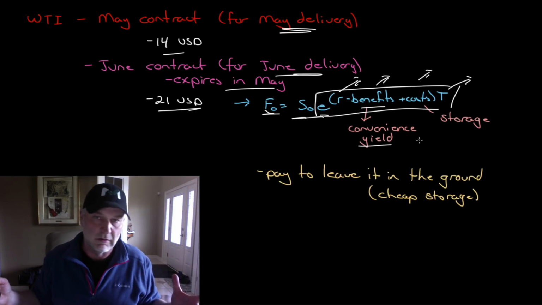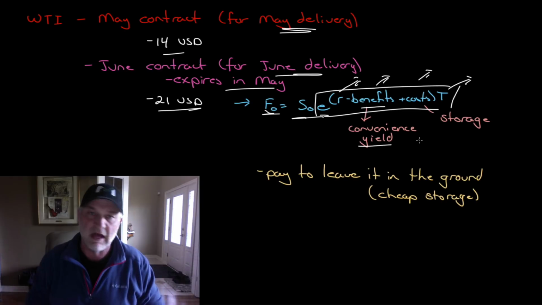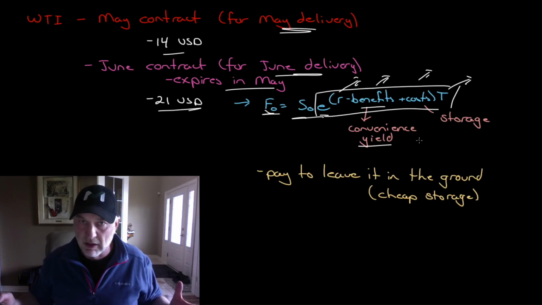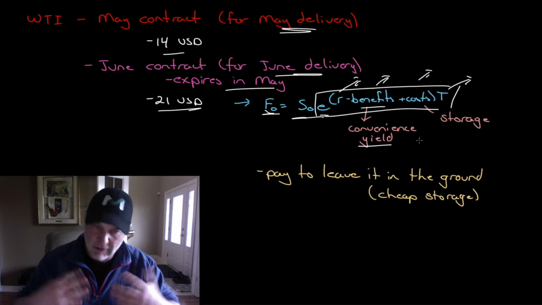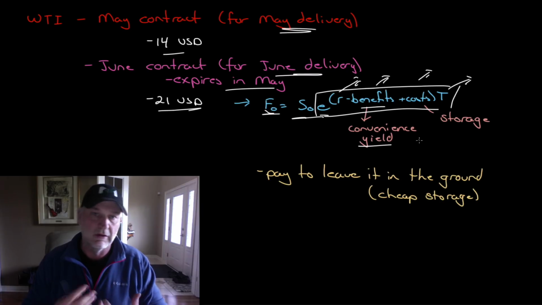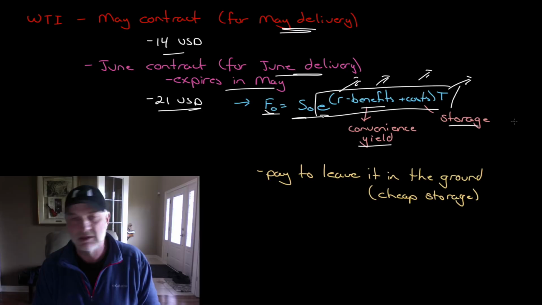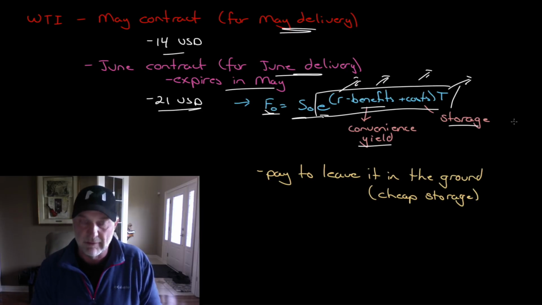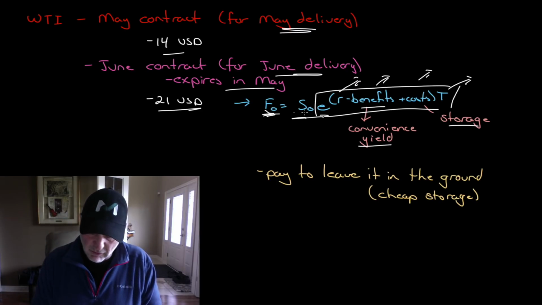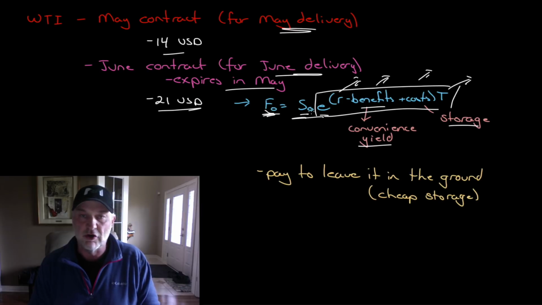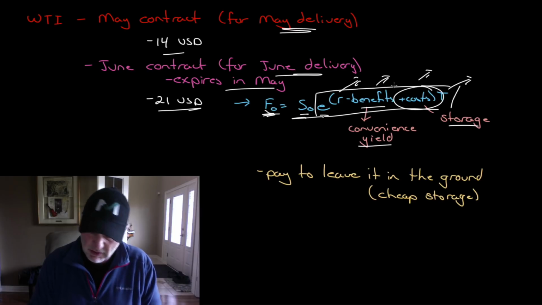Well, there is no yield. There's no convenience to having it around because it's everywhere. You want oil, you can get it. You don't have to hold inventories of oil at this point. And storage, well, those costs are right up there. So what's going to happen is the forward price is going to be well above the current spot price, mostly because of the costs of storage.